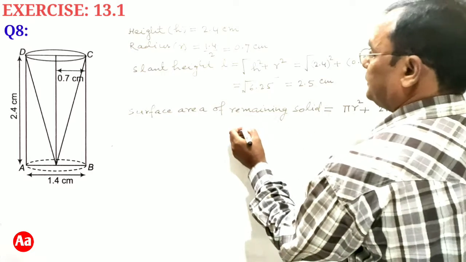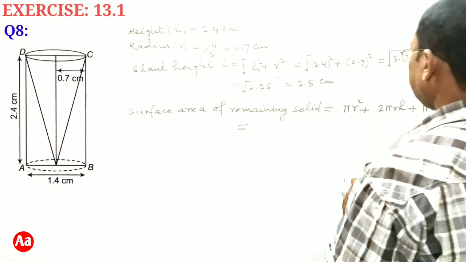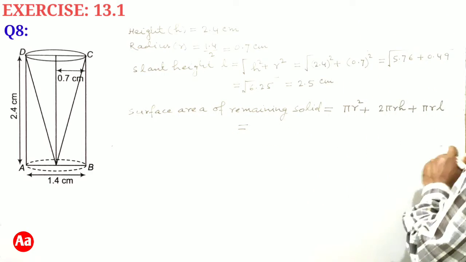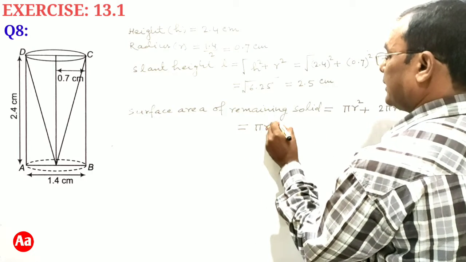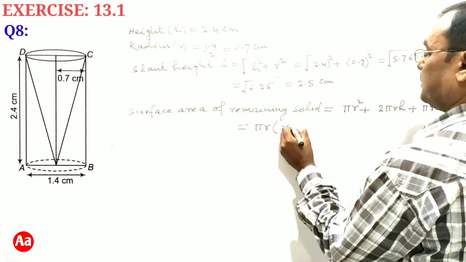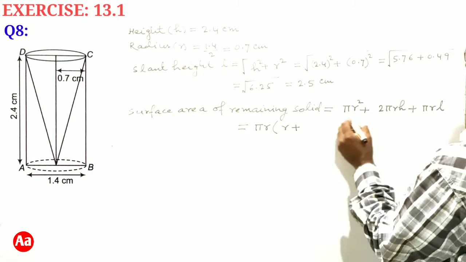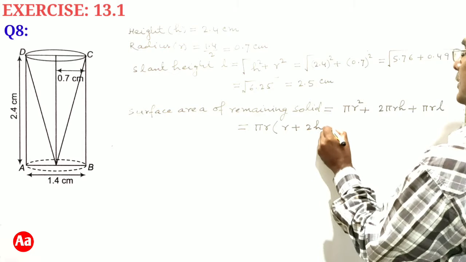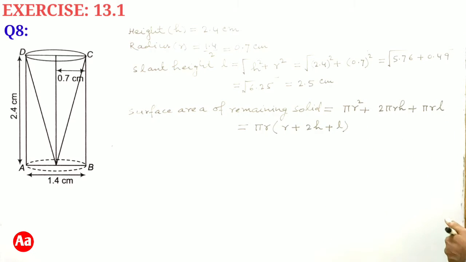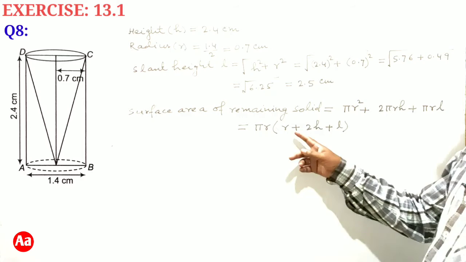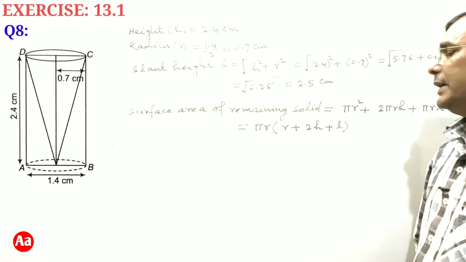If we take pi r common, it is going to be pi r into r plus 2h plus l.